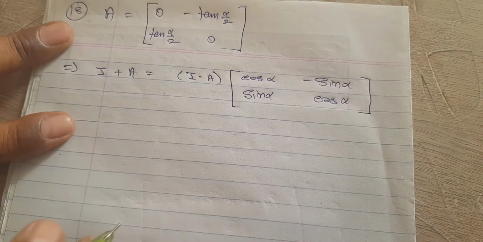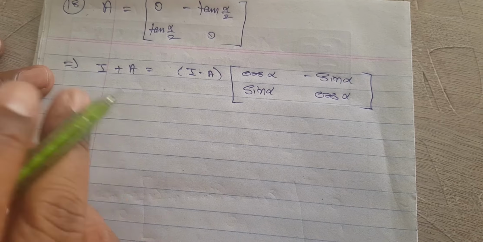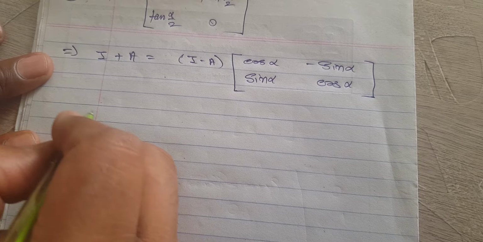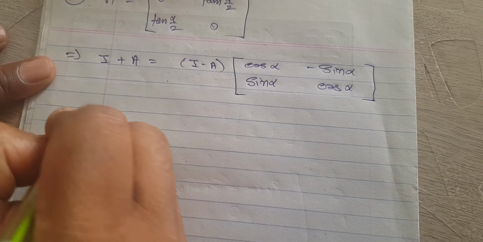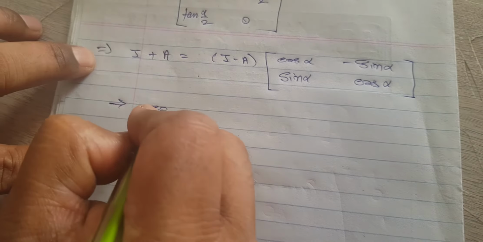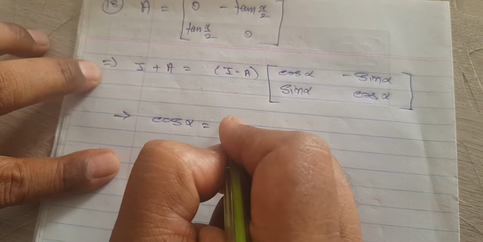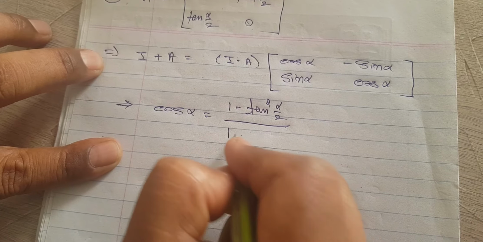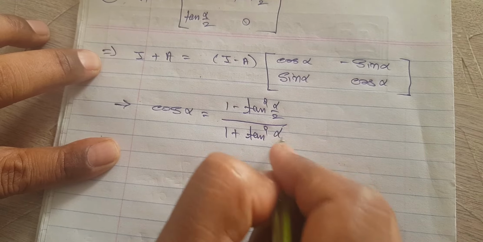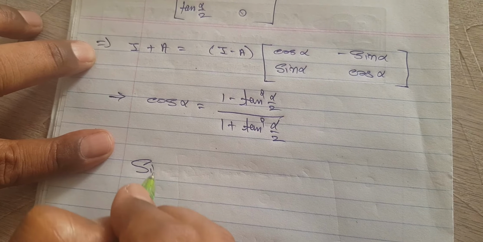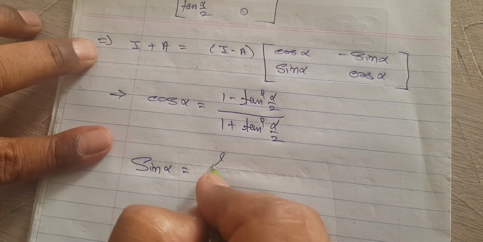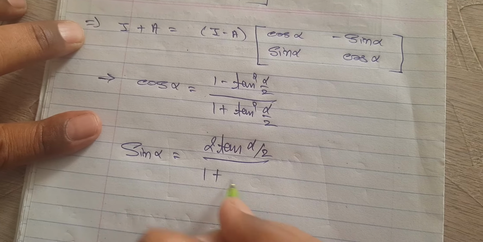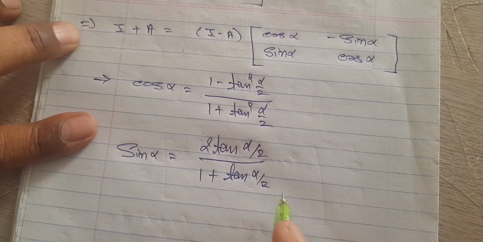This is also very simple. Take the left hand side, just find out I plus A. Now here you have to use the formula for cos alpha, which is 1 minus tan square alpha by 2 upon 1 plus tan square alpha by 2. And for sin alpha you have to use this formula, which we have seen already in the 11th standard: 2 tan alpha by 2 upon 1 plus tan square alpha by 2.